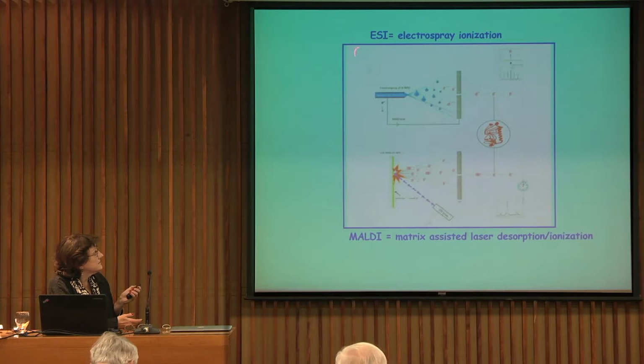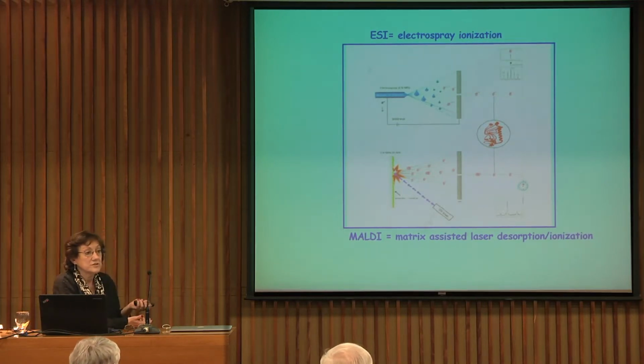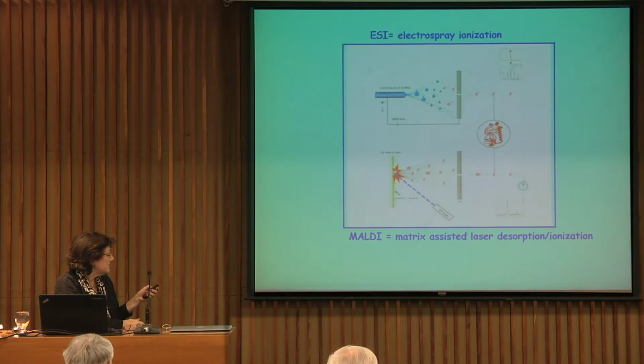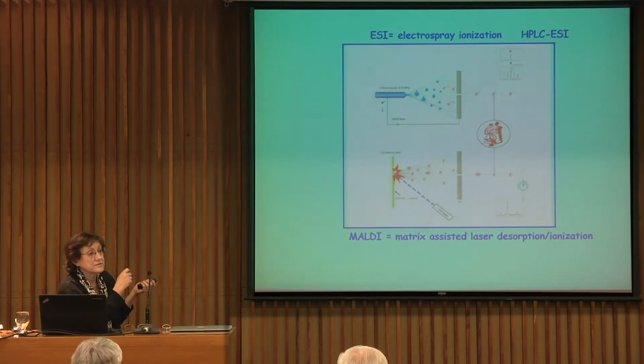In this case, electrospray produces multi-charge ions, and so it's not so easy to use for mixtures. But it is very often coupled to an HPLC, and so you can separate some mixtures in the HPLC and then analyze them by mass spectrometry.